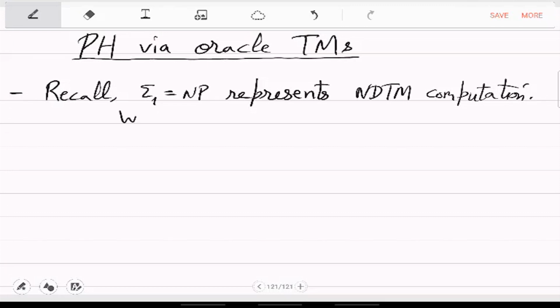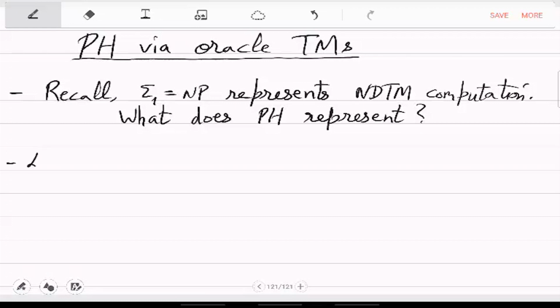So what does the polynomial hierarchy represent? In particular, what does sigma 2 represent? Is it representing some special Turing machine computation? That's the goal. So let's first define how we'll use the oracles.